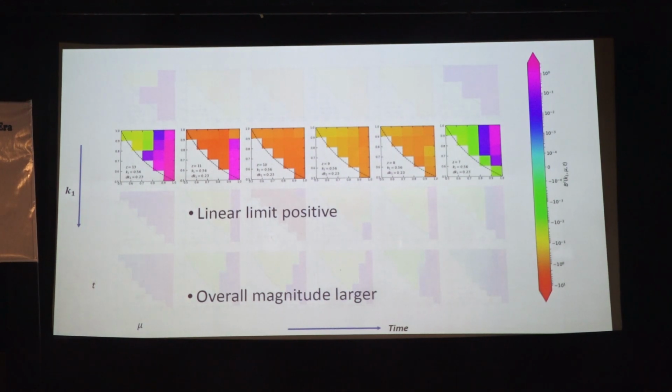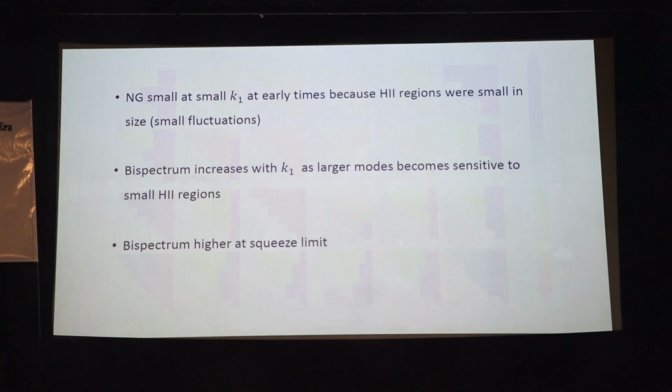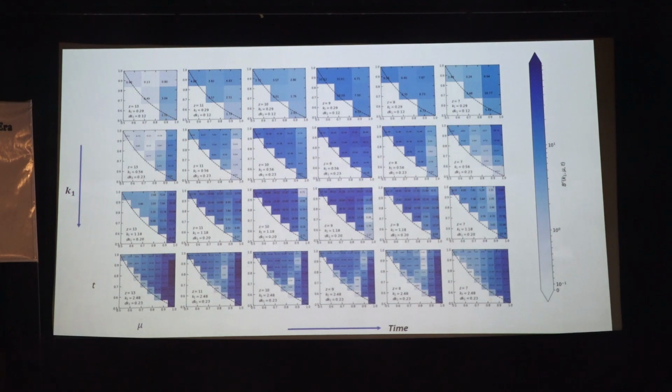As we increase k, the bispectrum becomes positive at the linear limit, at higher values of mu, and the overall magnitude goes on increasing. The bispectrum increases with k1 as the larger modes become sensitive to small H2 regions as the epoch of reionization grows.